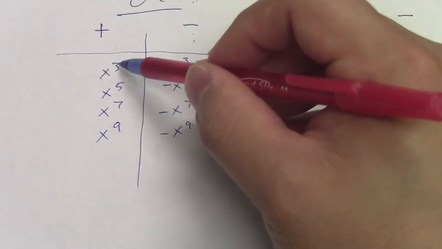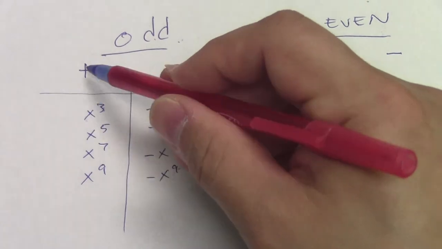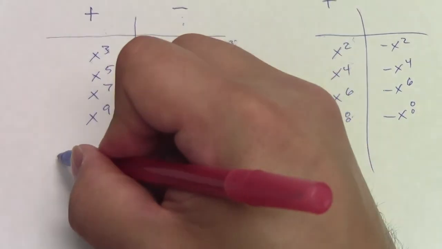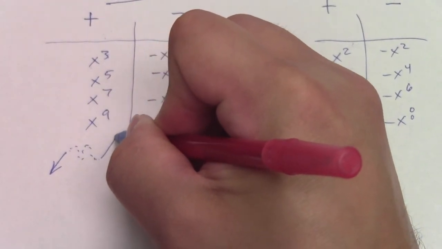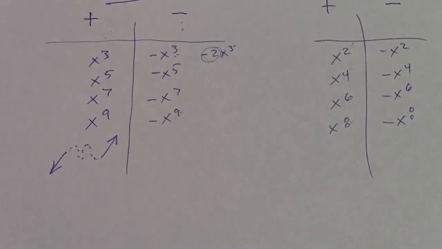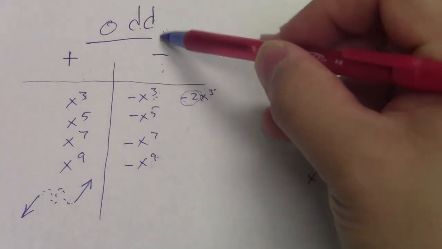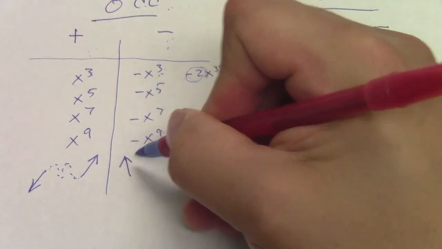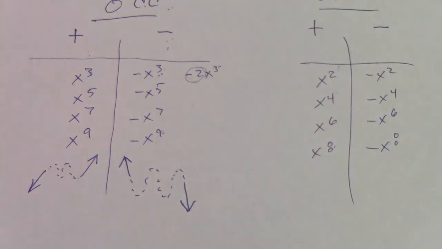If it is odd and positive, this is a positive x cubed. Our graph is going to point downwards, do something in the middle, doesn't matter, and then point back up. So we know our graph is going to look like that. If it's odd and negative, it's going to point up, do some craziness, and then point back downwards.